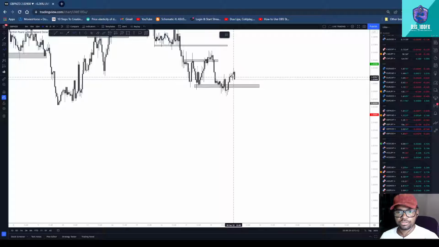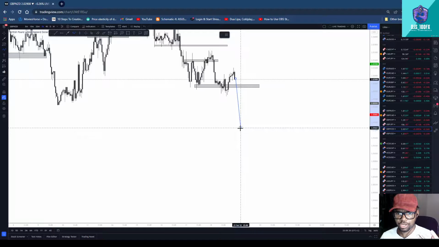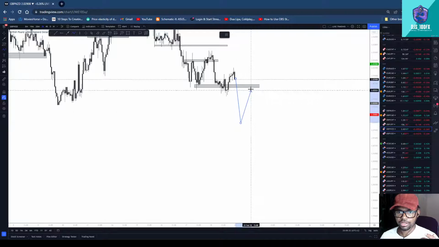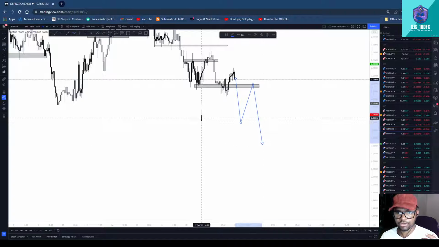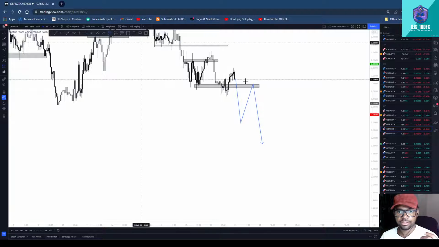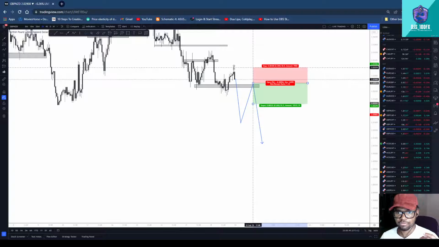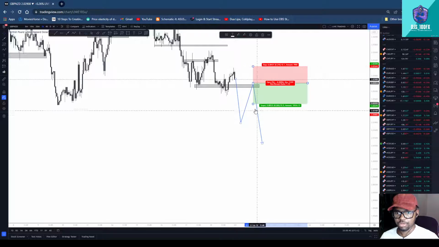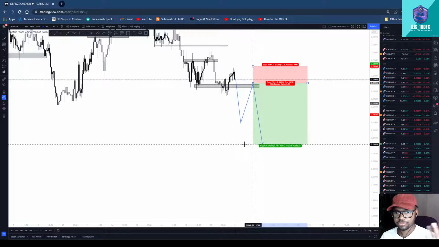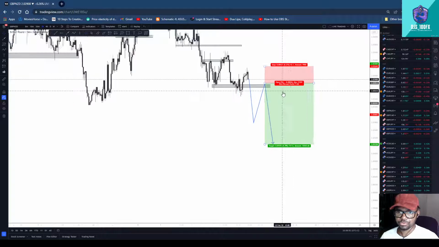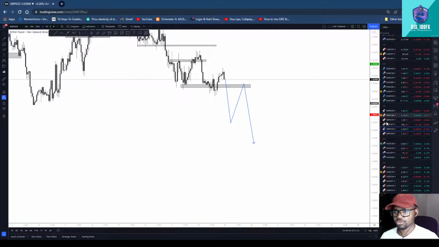For me, this would be the kind of setup I would pay closer attention to, because if price breaks below this level and then comes back to retest this level here, then there is a high chance that price will continue down impulsively, and I would have a good stop loss placement, which would be above this level, and then take profit at 3%. This would be a really good trade. So I'll be waiting for GBP and ZD as well.